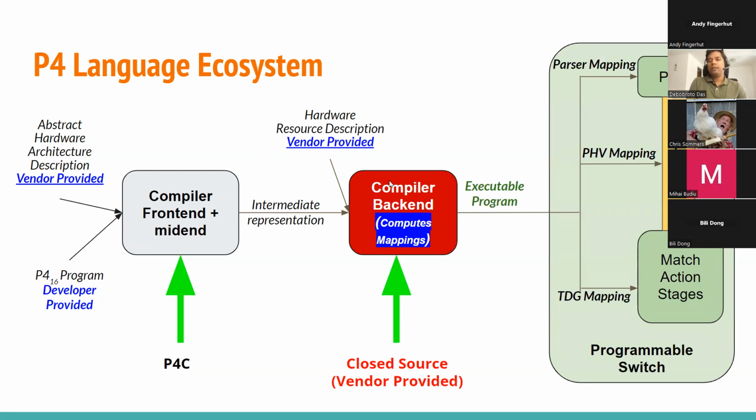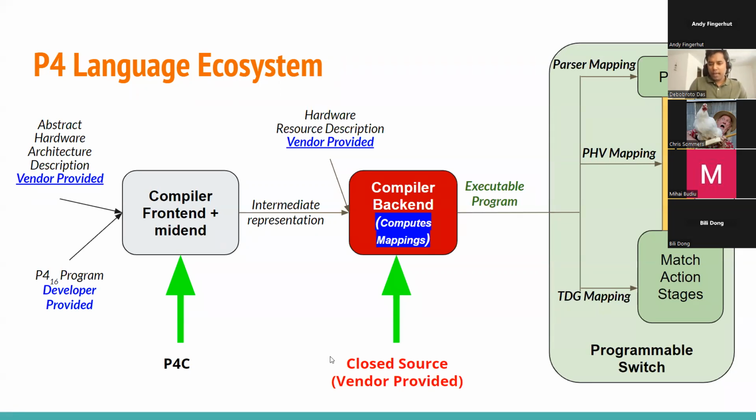So the compiler backend finds the mappings, then these mappings are converted into the corresponding machine instructions, and they're loaded into these native hardware units. Then the programmable switch can process a packet. Now in this ecosystem, you can see the P4C is open source, but the compiler backend is closed source.